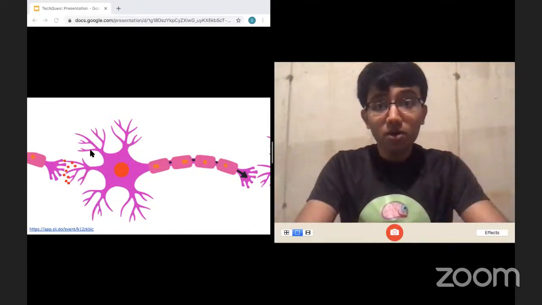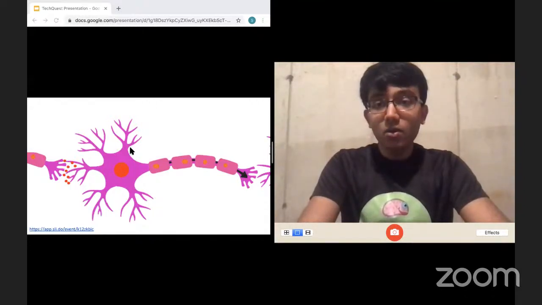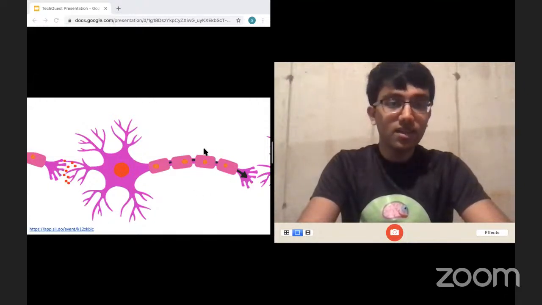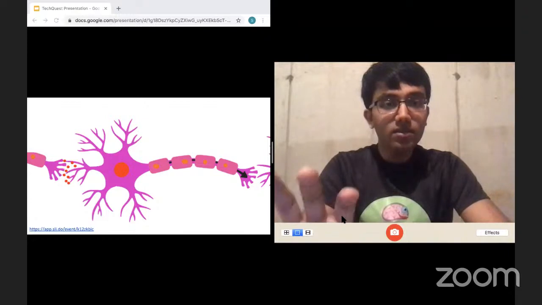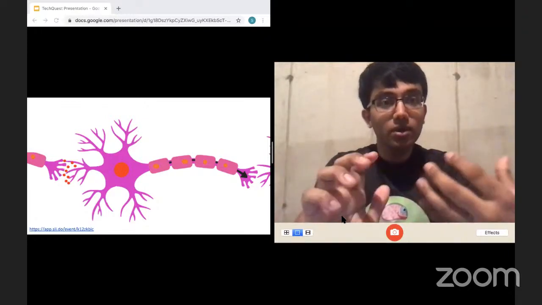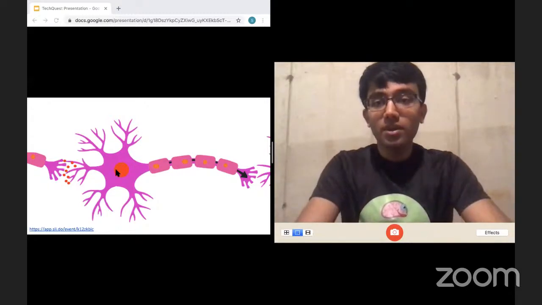These proteins may be things like these neurotransmitters here. They may be what allows these branches to form. They may be what allows the myelin sheath to form, stuff like that. The proteins end up constructing this neuron as it is, and it allows the neuron to work the way it does. That's how the neurons are able to understand exactly how they're supposed to work, because of the DNA.